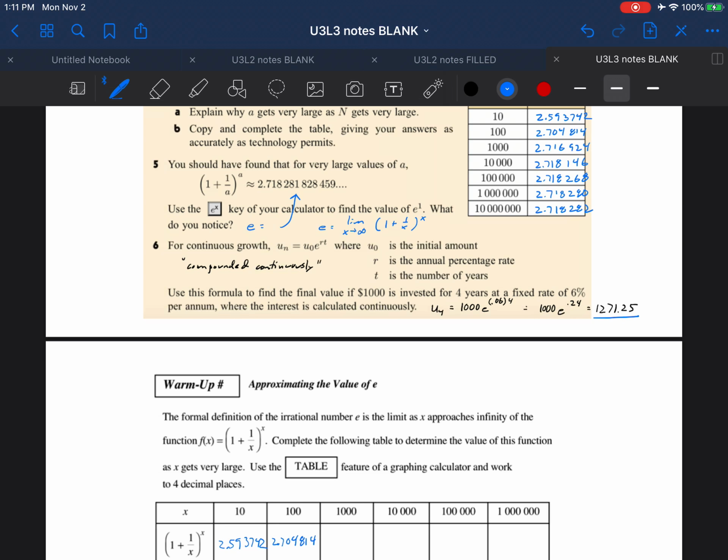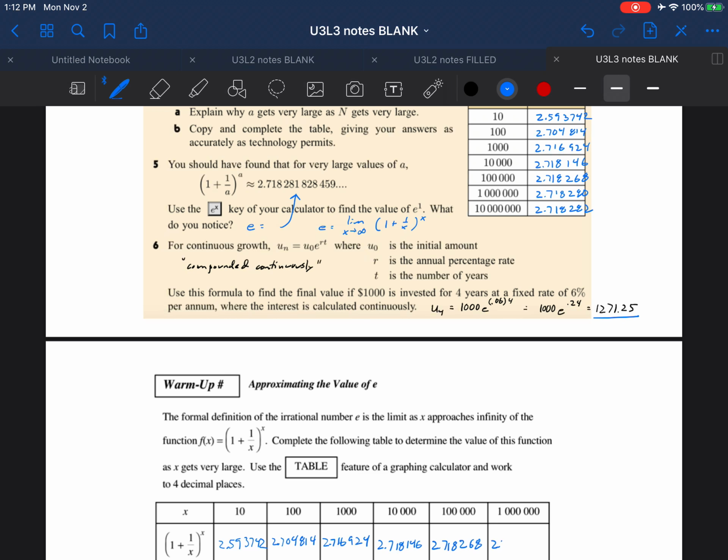Make sure that the decimal point's clear. 2.716 924. 10,000 is 2.718 146. When x is 100,000, we get 2.718 268.